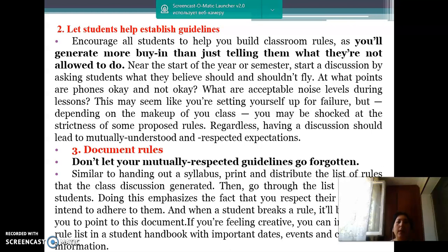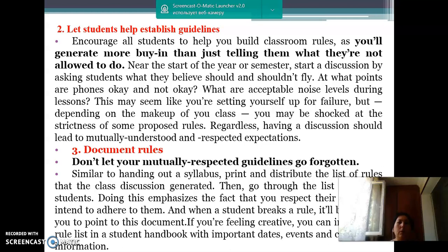What are acceptable noise levels during lessons? This may seem like you're setting yourself up for failure, but depending on the makeup of your class, you may be shocked at the strictness of some proposed rules. Regardless, having a discussion should lead to mutually understood and respected expectations.